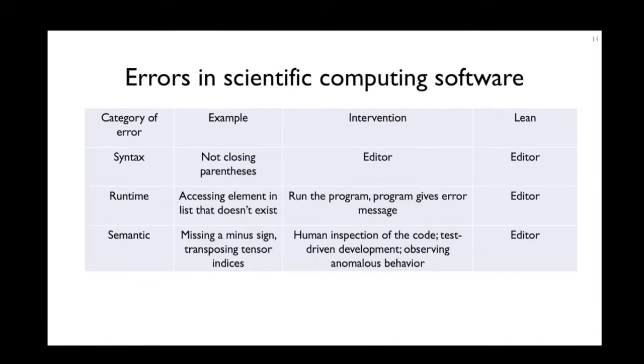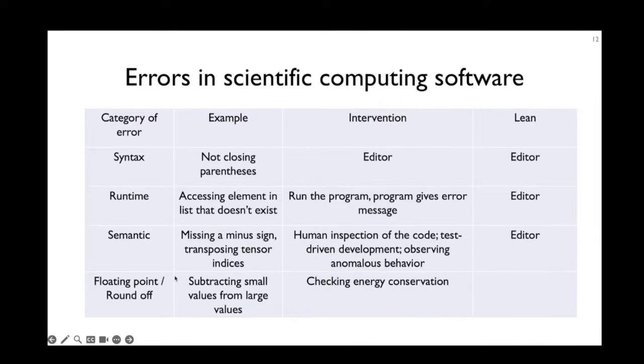All right. And there's one more category of errors, and that's going to be floating point and round-off errors. So if I have a really, really large number, maybe 10 digits, and then I subtract a really small number from it. So I have 10 million minus 1, with a bunch of digits on the 1, and now I cut off a bunch of the decimals because it just doesn't fit in the floating point precision.